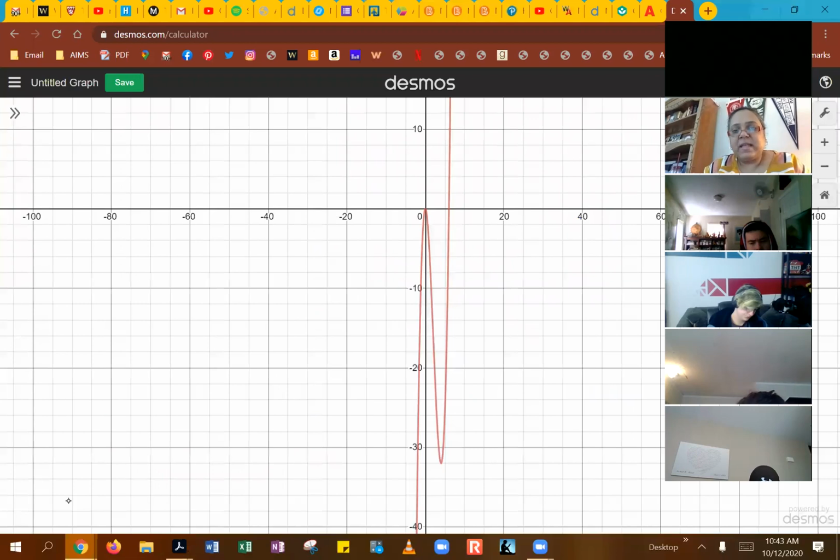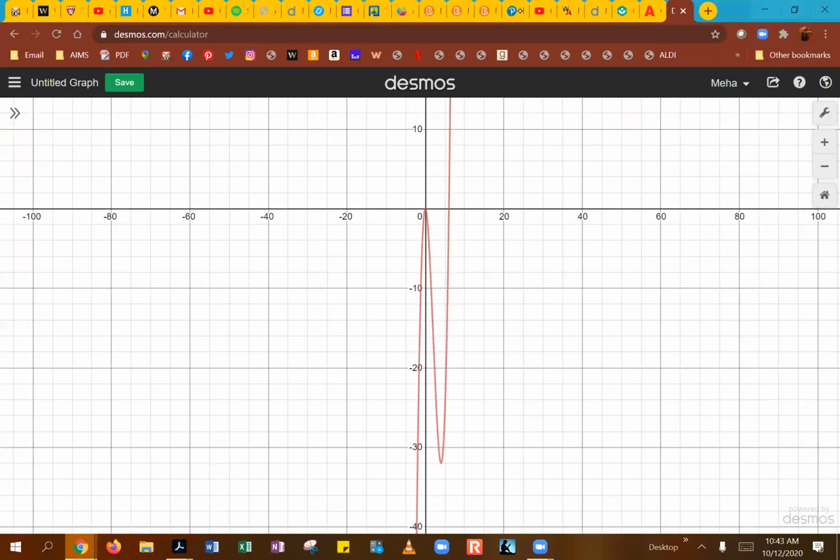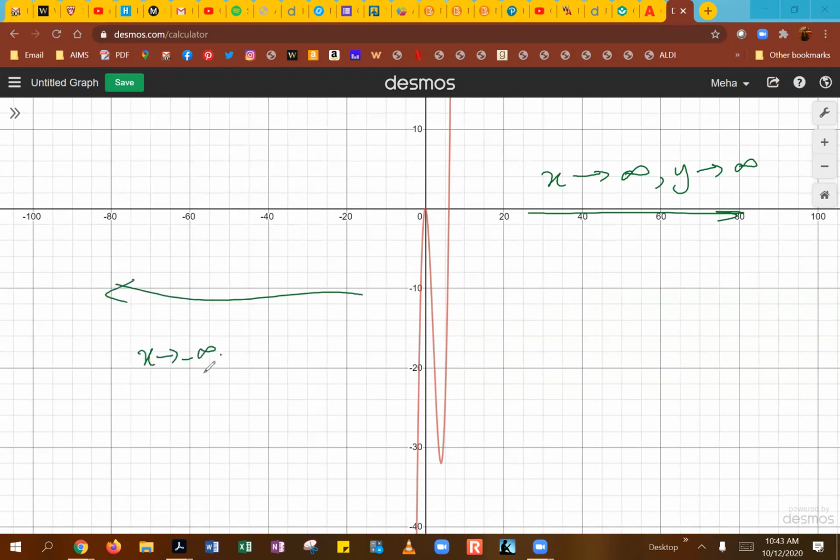So again, if you look at this graph that we just looked at, as our x is going to positive infinity, which is of course in this direction, you can see our y value is going up to positive infinity. On the left-hand side of our graph, as our x values are going towards negative infinity, our y values are going towards negative infinity.